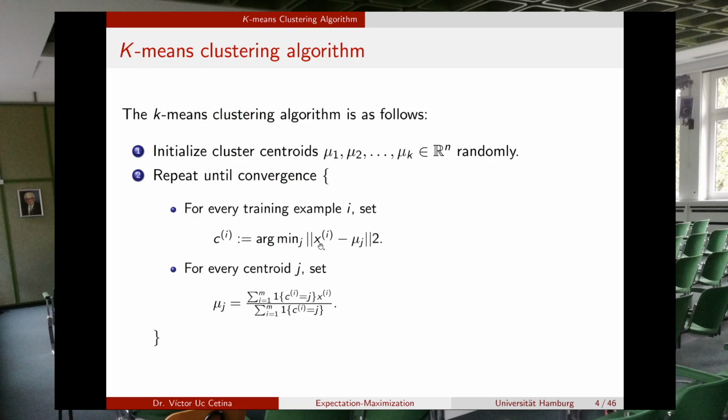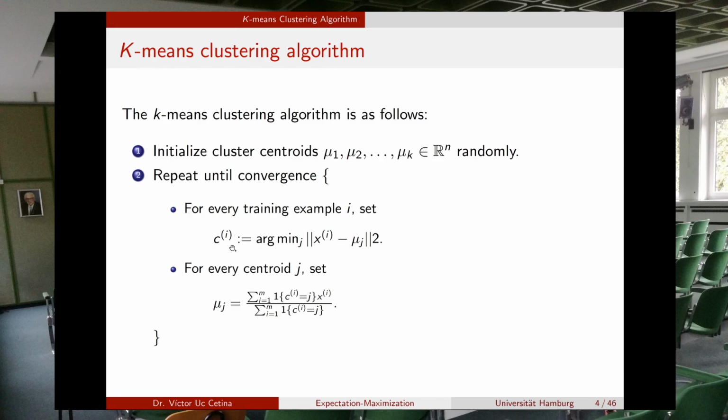So you will visit each of these points, and you will compute the distance to each of the means. And if, for example, the mean 2 is the closest one to some vector i, then this label 2 will be assigned to the position i in the vector of centroids.